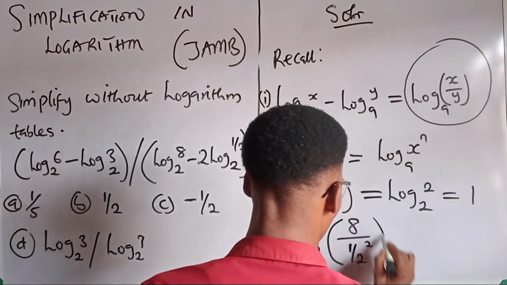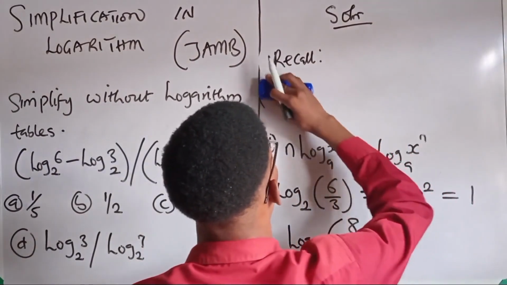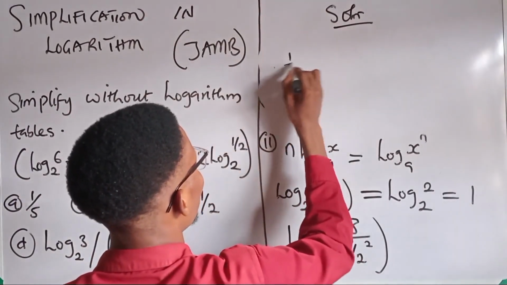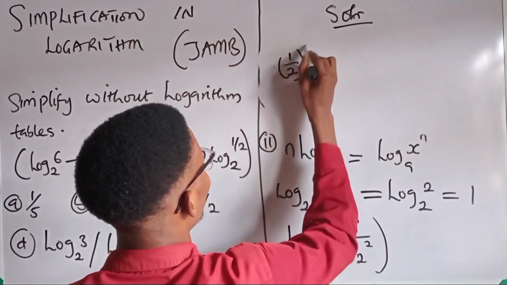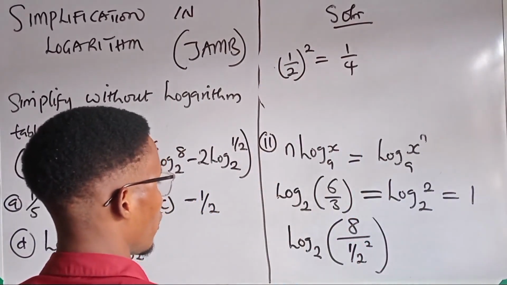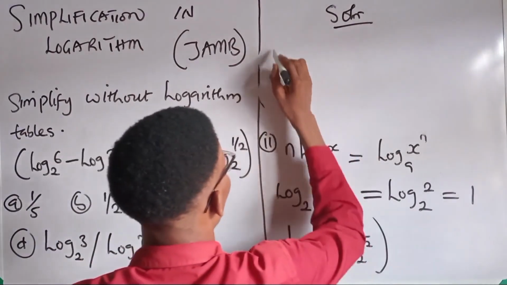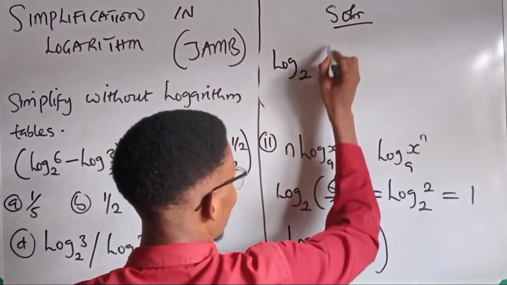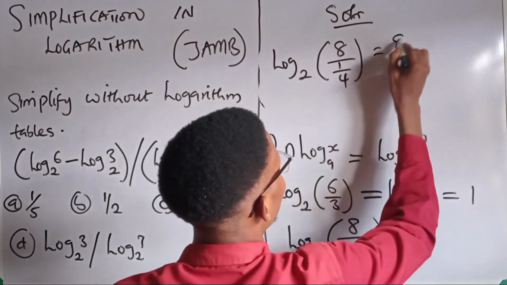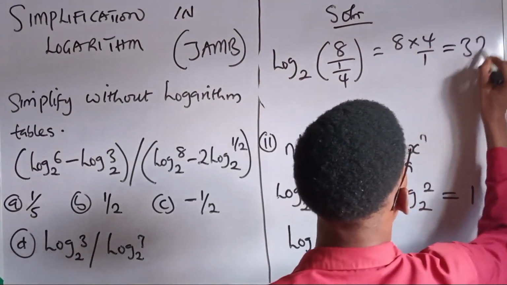If you have that now, let's simplify this half. 1 over 2 raised to the power 2 is the same as 1 over 4. So in that case now, let's bring it together. We have log of 8 over 1 over 4, which is going to give us 8 multiplied by 4 over 1, which is 32.